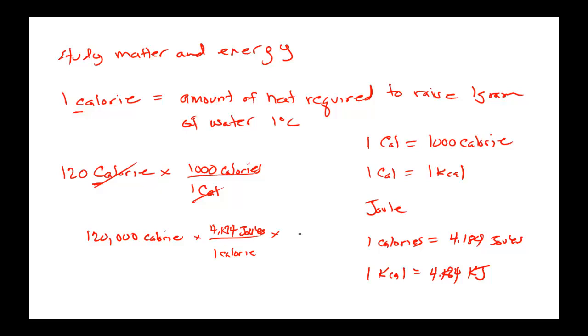And then if they want it in kilojoules, then all I have to say is that 1,000 joules equals 1 kilojoule. So there's my conversion factor. The small calories are going to cancel out here. That's going to give me joules, and the joules are going to cancel out here, and that's going to give me kilojoules. So if I do this on the calculator, I would get something like 502.8 kilojoules.